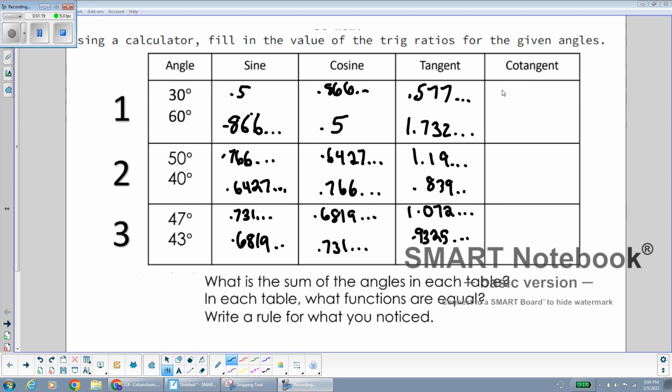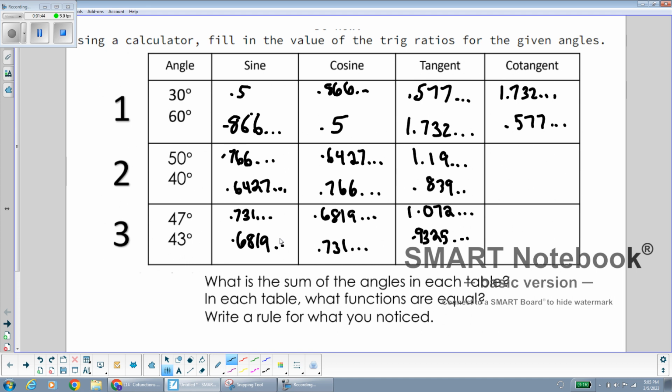And I'm going to hit enter, and I get 1.732 and then some more decimal places. And if I type in 1 divided by tangent of 60 degrees, I get 0.577 and continued.